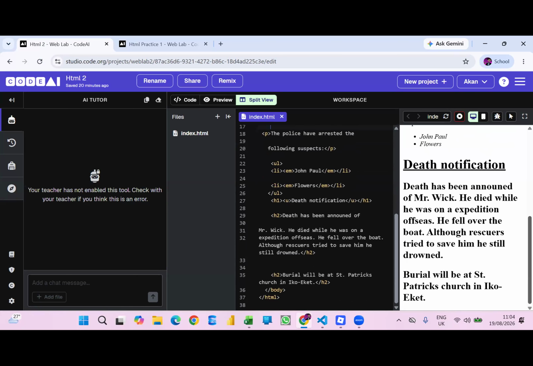Then for the death notification, I used the H1 to write and then used new functions to underline my work. And I wanted to use P for that, but I thought P would be too small, so I used H1. Then I wrote it.